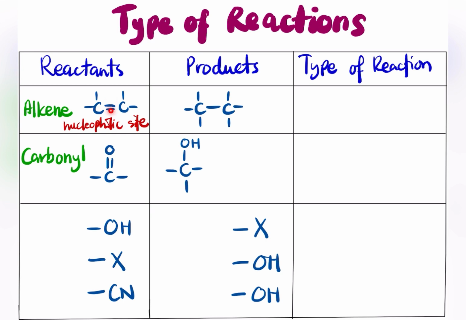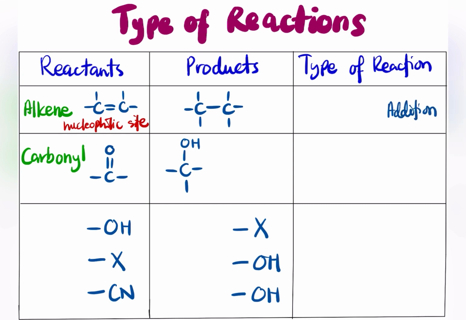This double bond will break down and two single bonds will be attached to the electrophile. So we know that the number of carbon atoms stays the same, but the number of bonds increases, and of course the number of atoms also increases. That's why this type of reaction in general is addition. So that's how you write it down for your answer.